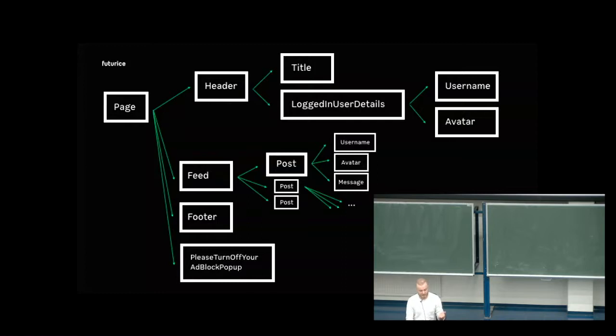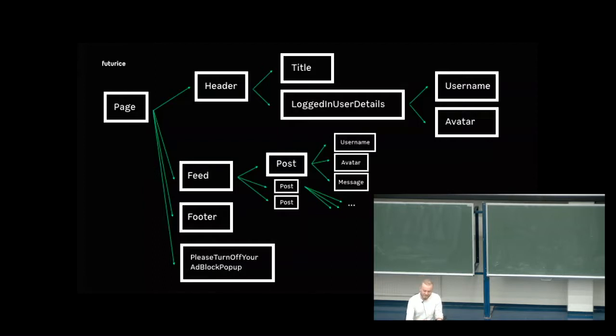And this example here, for instance, could be something like how Facebook has the component tree, or how Twitter works. It has a page component as the first main top-level component. Then inside of that, you could have a header, a feed. I don't know if anyone actually uses Facebook anymore, because I certainly don't.